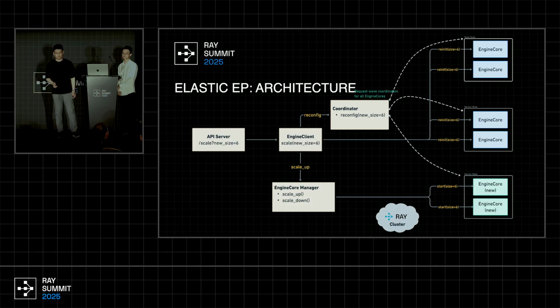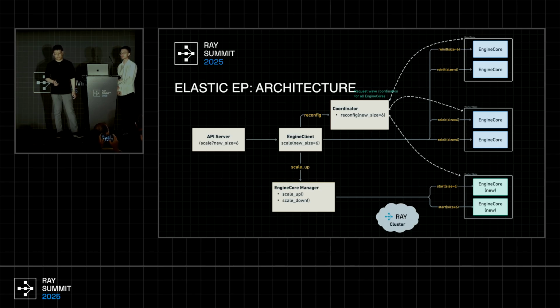Here's the architecture for elastic EP in vLLM. Let's say we have initially 4 engine cores that are serving traffic, and as shown on the upper right corner, the blue boxes, and they are located on 2 different nodes. And we want to scale up to 6 engine cores.